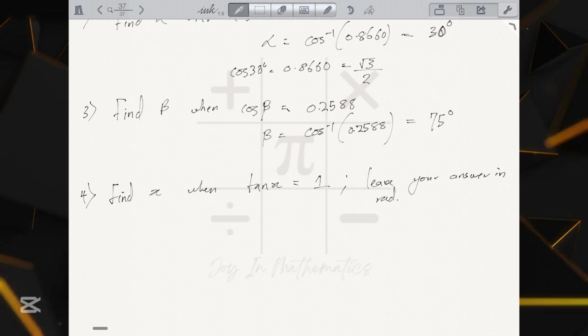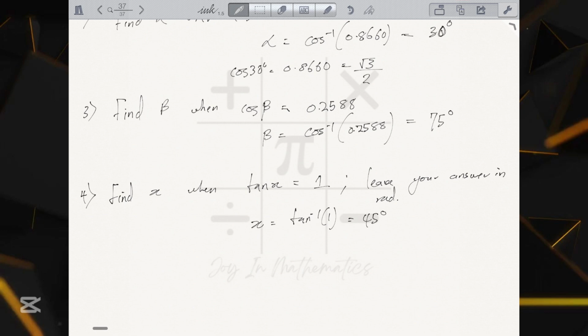Yes, you know that you can evaluate x when tan x is equals to 1, but more importantly, leave your answer in radian. So let us first evaluate this in degrees. X will be equals to the arctan of 1, or the inverse tan of 1, and this will give us 45 degrees.